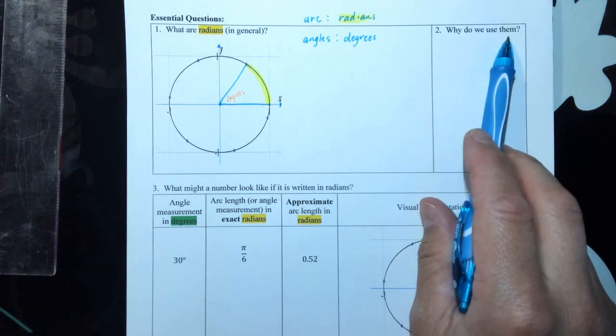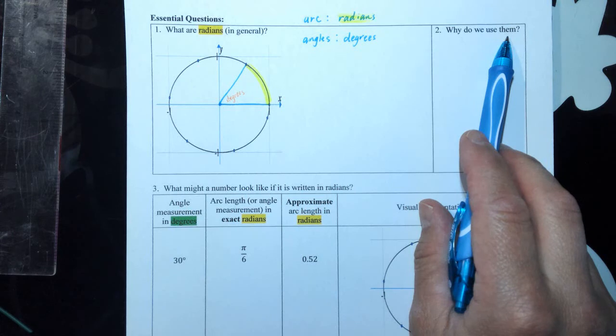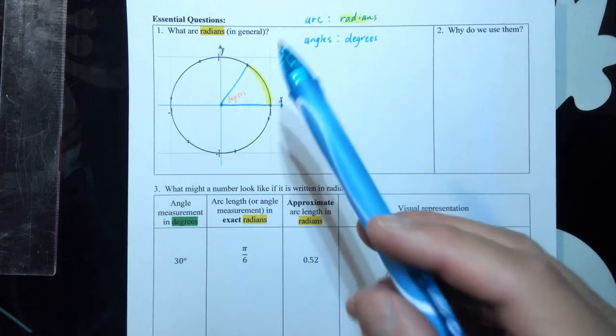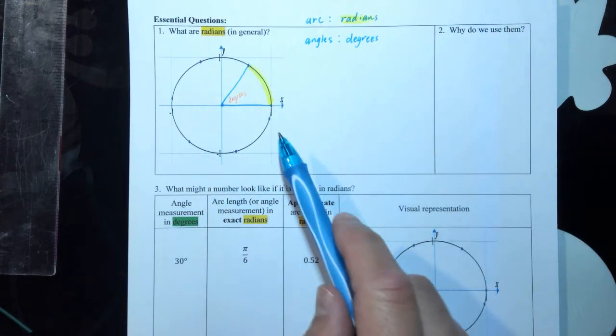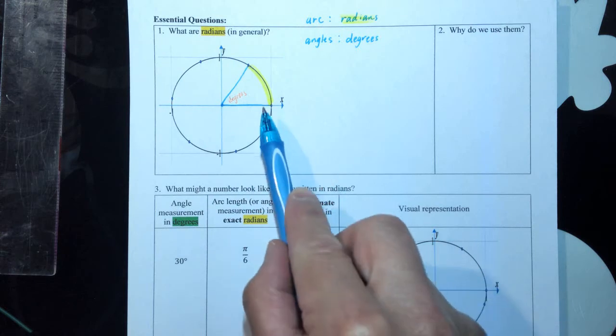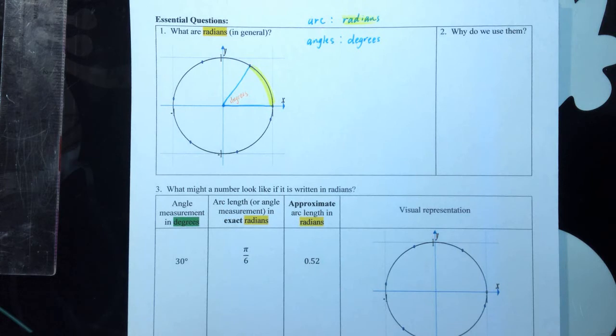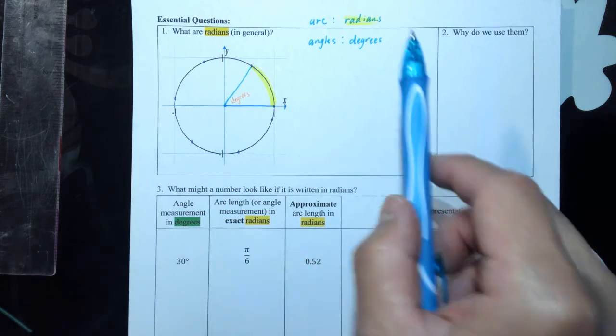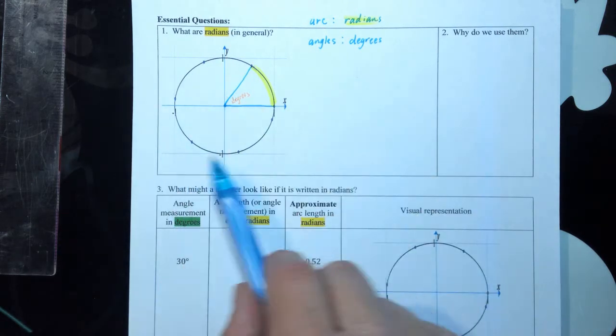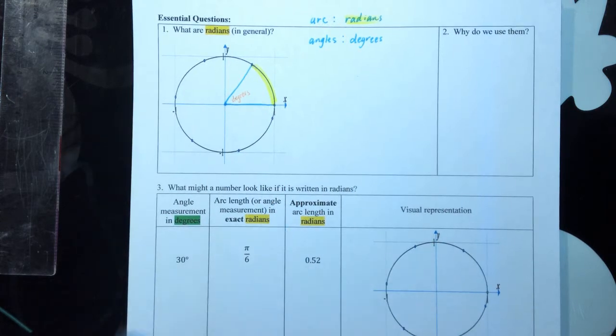Why do we use them? Let's say this is our solar system. That is the Earth. That is Mars. Let's say that Earth and Mars rotate on the same axis and in the same plane. They don't, of course, but let's say they do.